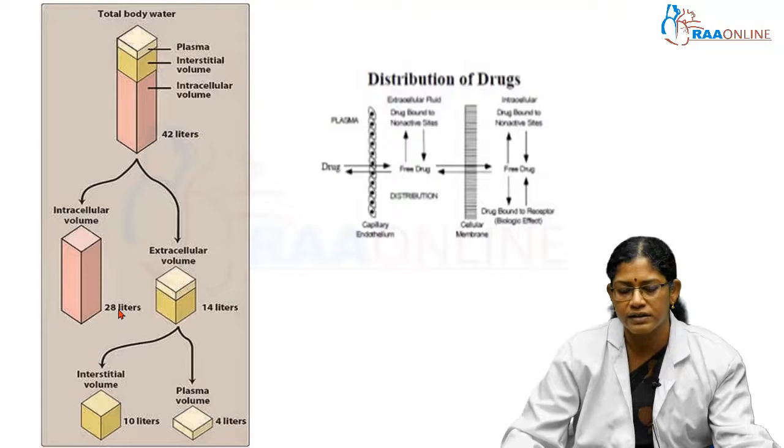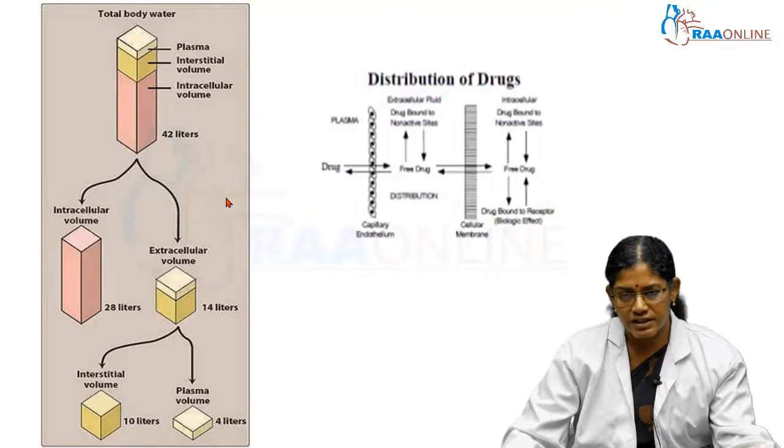So, 28 liters of intracellular volume and 14 liters of extracellular fluid, including interstitial fluid, is present. And this 14 liters is divided into plasma volume of 4 liters and interstitial volume of 10 liters. So, this is where the drug gets distributed.